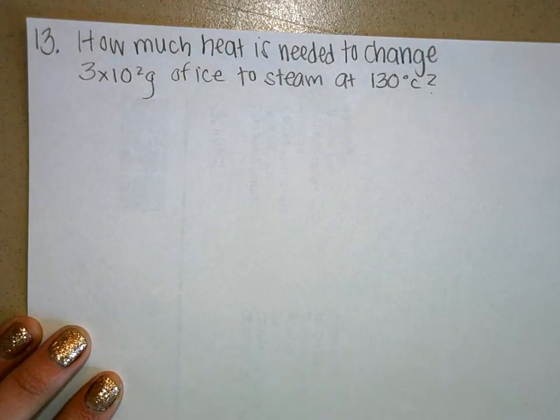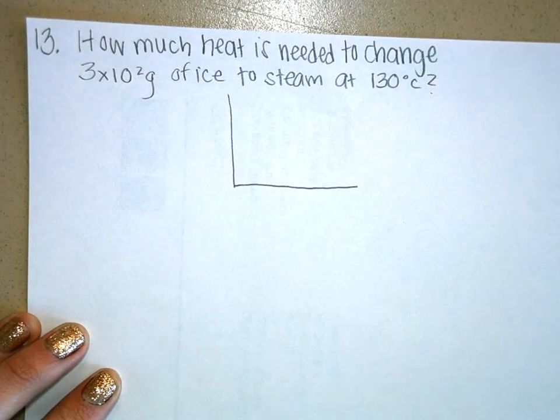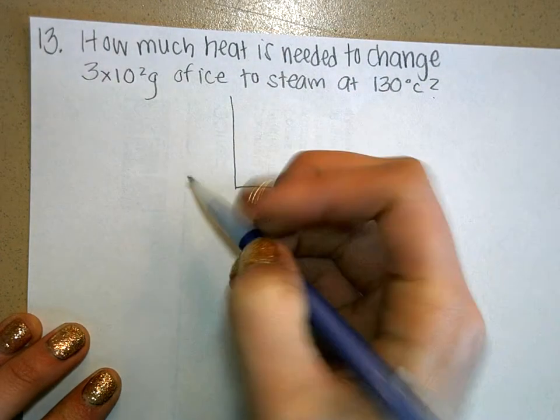In a problem this long is when I think my chart comes in handy the most, because there's 5 different steps for this one, so it can kind of get confusing.